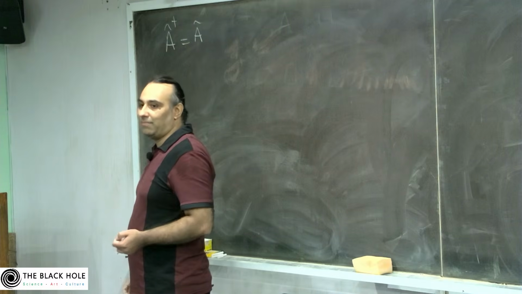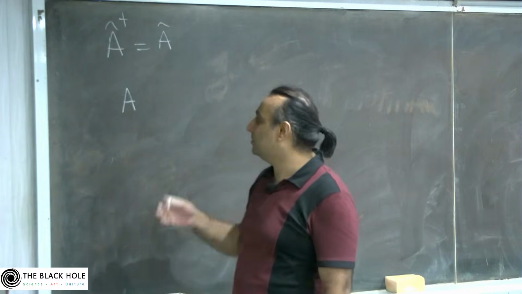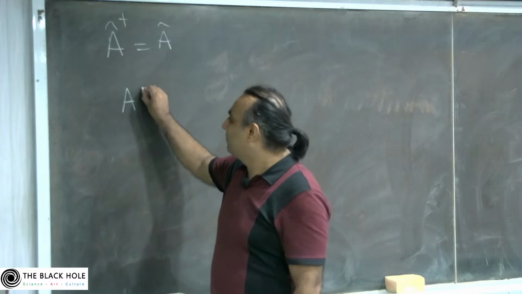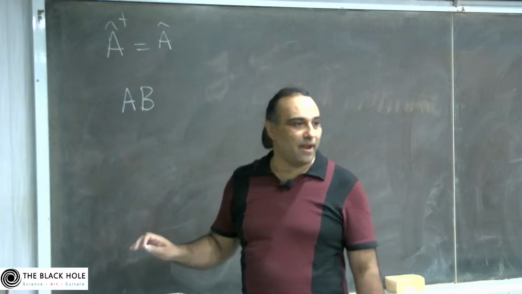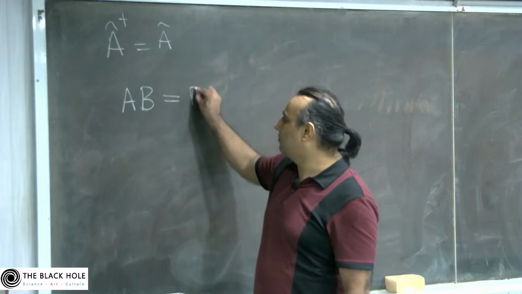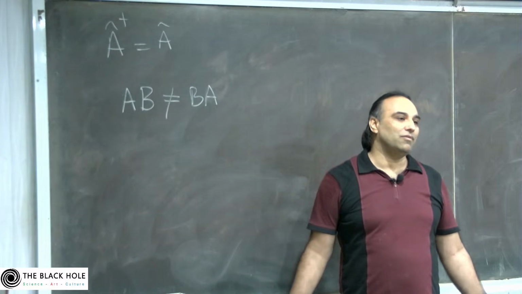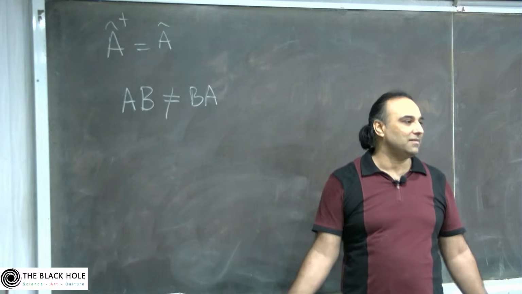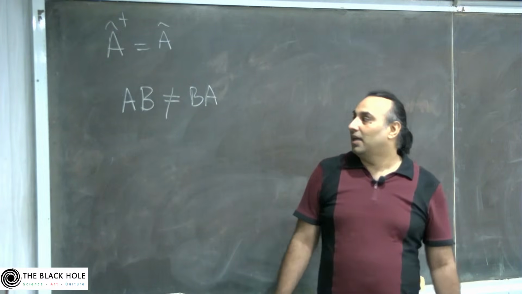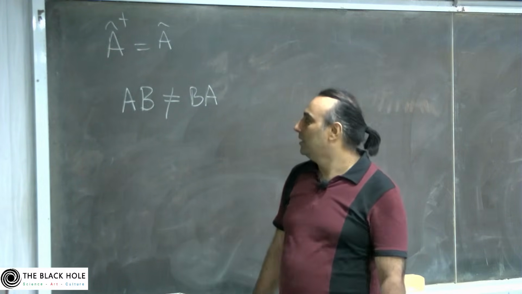So what happens? Since we know operators can be represented as matrices, for two matrices A and B, the product AB is usually not equal to BA. The same thing is true of course for operators. If you represent them as matrices, then AB will not be equal to BA, and this product is called non-commutative.